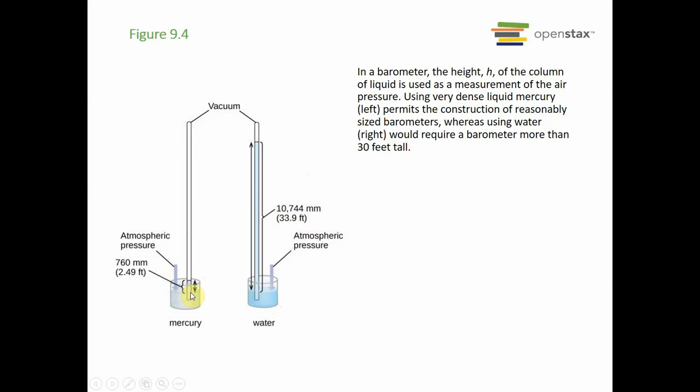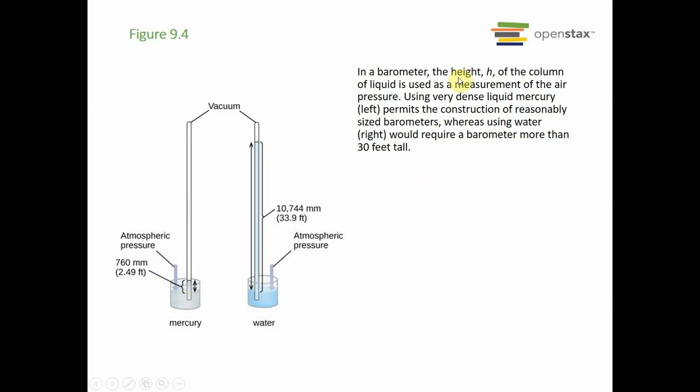Because mercury is 15 times more dense than water, it's 1/15 the height, that is 760 millimeters, at which the vacuum is pulled in trying to suck mercury above its liquid level.